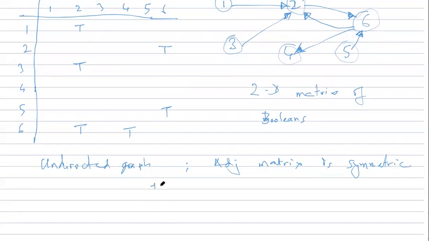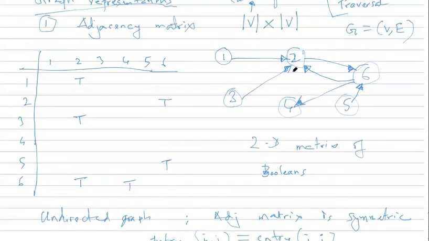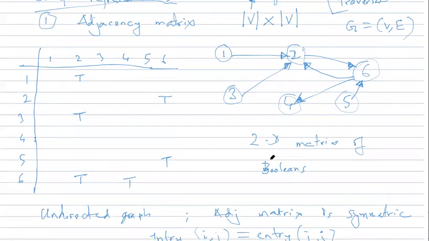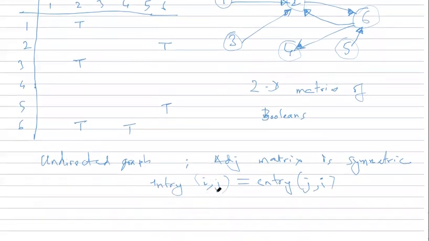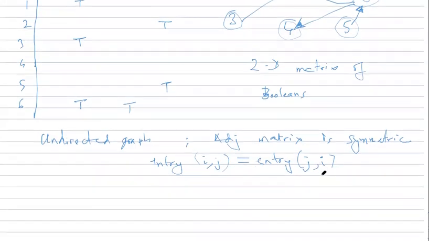Because the entry i comma j is going to be equal to entry j comma i, right? In other words, if I had removed the directionality of the edges, with respect to 1, there is an edge going to 2. With respect to 2, there is an edge going to 1, right? So the entry i comma j, whether it is 1 or 0, will be the same as the entry between j and i in the case of an undirected graph.